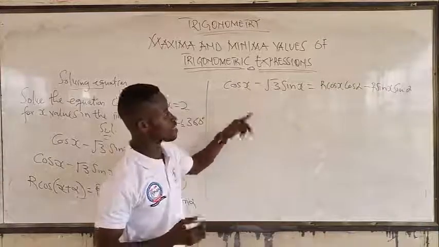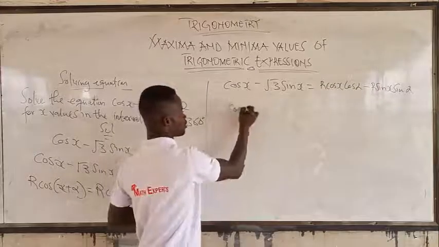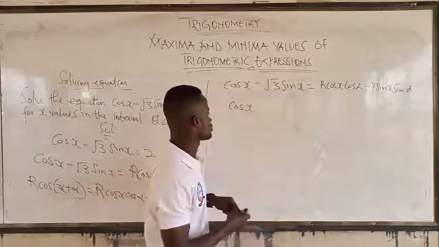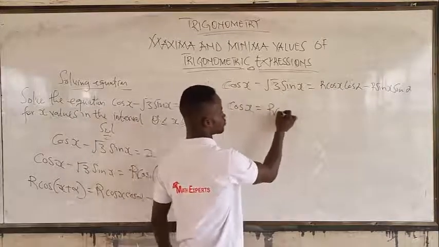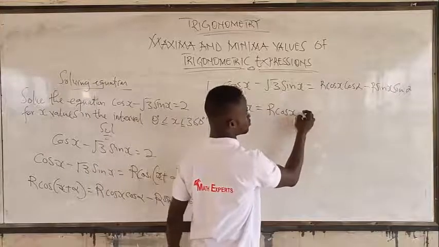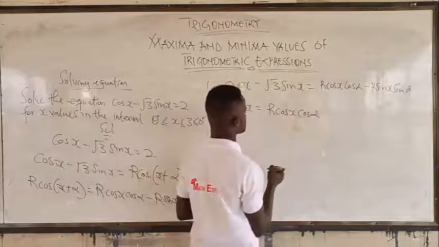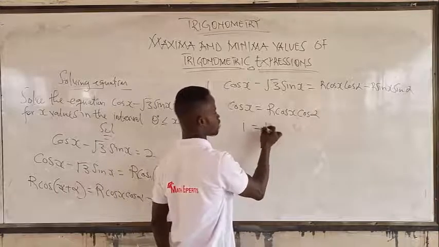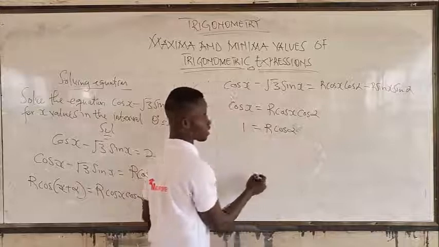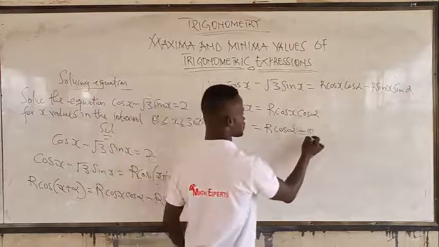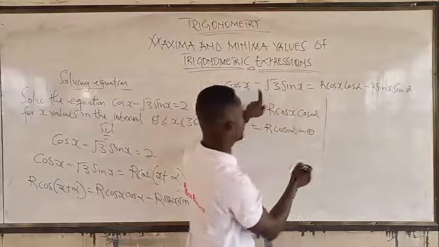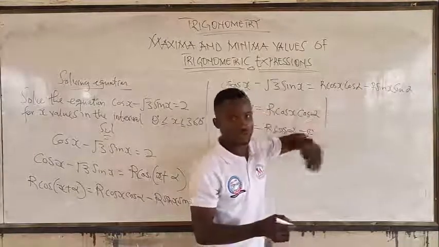So cos S is here, and we can see cos S here. So here you can get 1 is equal to r cos alpha. Then you name that equation 1. Now, here is minus, here is minus. So forget about the sign.